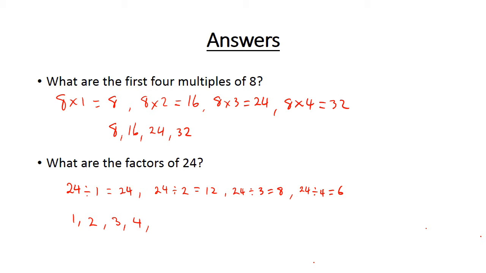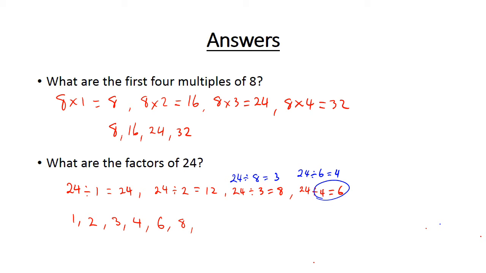Now, what we can also do is we can say, looking at these pairs, if we rearrange that and went 24 divided by 6, we would get 4. So therefore we can say that 6 is also a factor. We can rearrange this one and go 24 divided by 8 would give us 3. So we can write 8 as a factor.